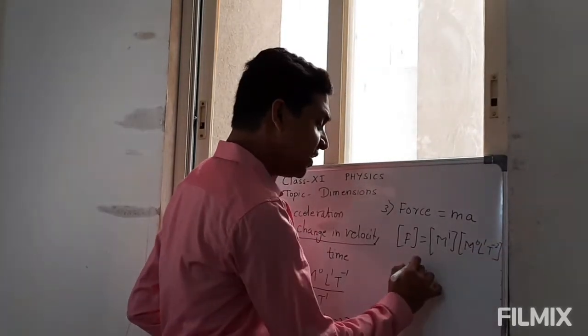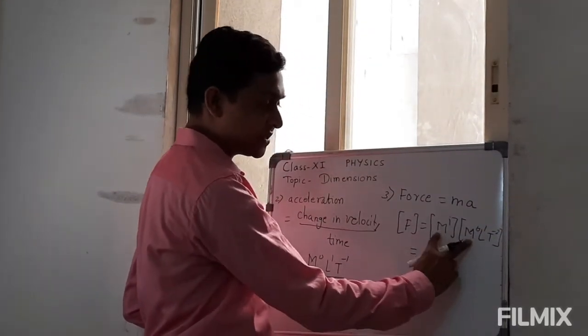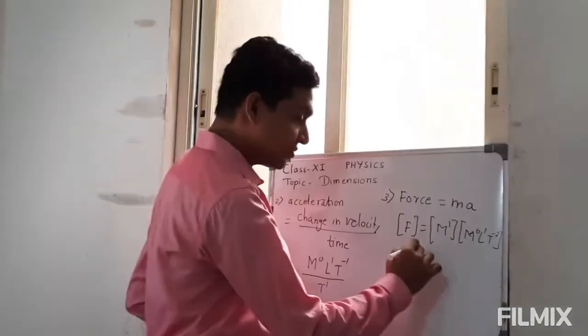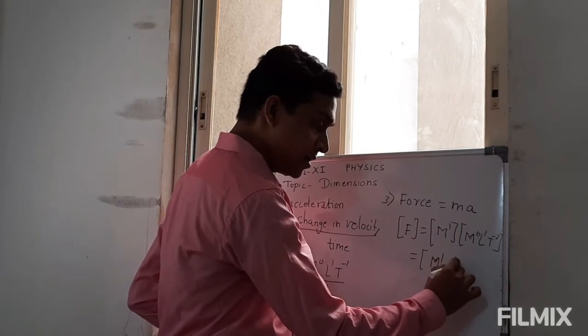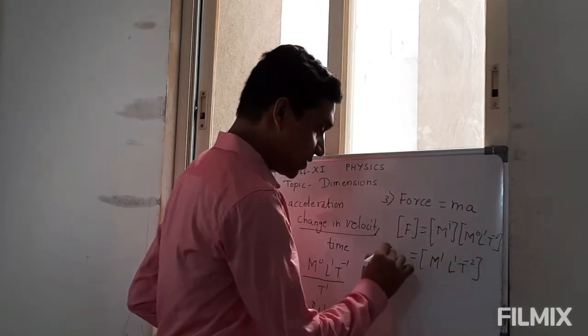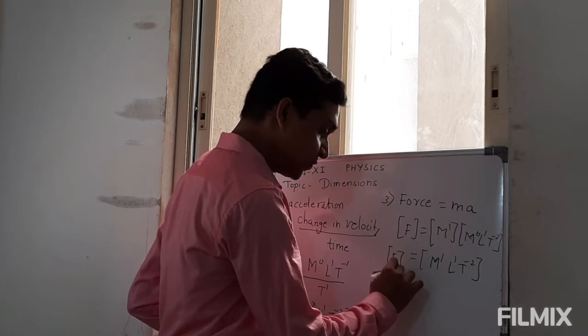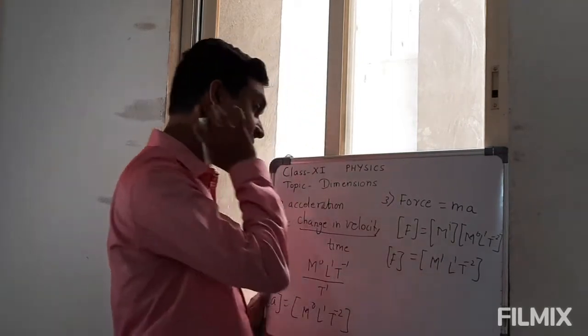Now use your indices rule. Power base same, we can add the powers, so it will become M1, L1, T-2. Okay, so the dimensions of force are M1, L1, T-2.